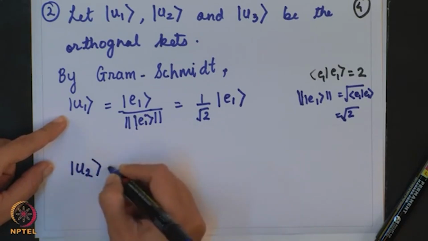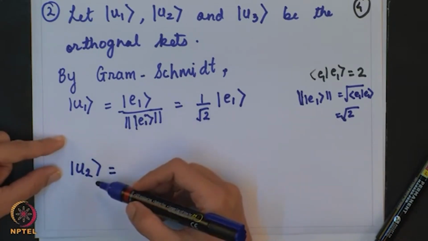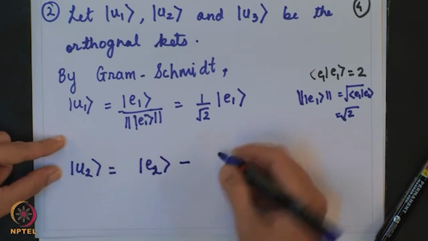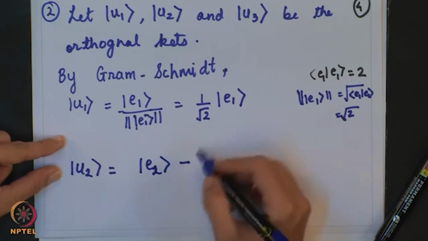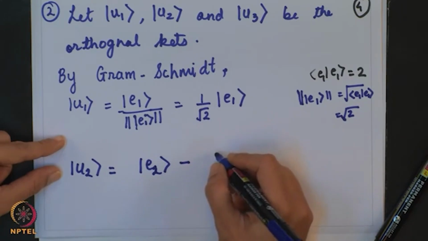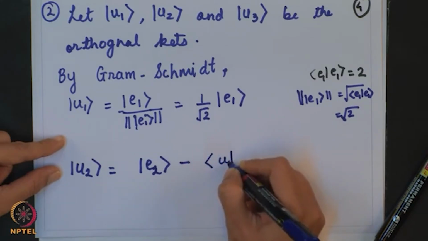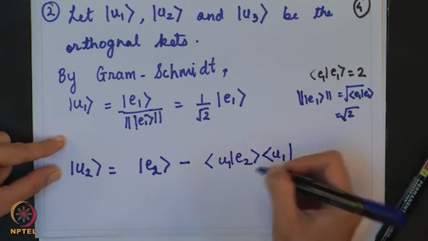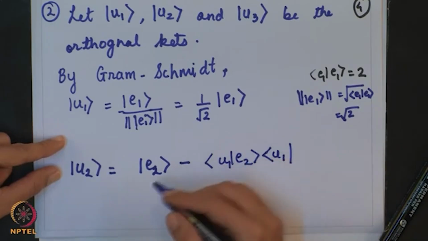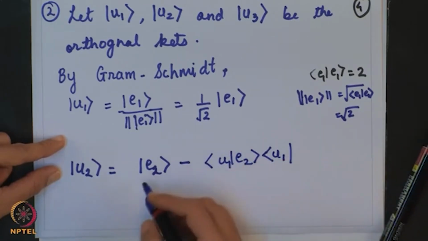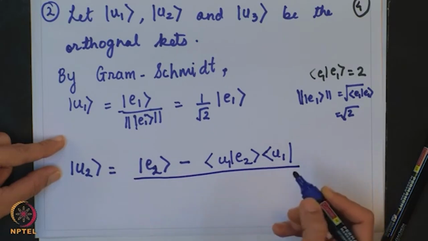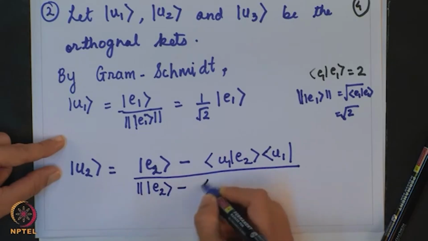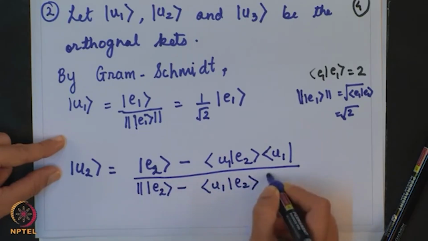Similarly, in order to obtain U2, you will write U2 in terms of E1, E2 minus, you project out E1 in terms of U1. So you will have U1, E2, U1, you use a projection operator of U1 to project out the E2 component, and you will have to divide this by the norm of E2 minus U1, E2, U1.